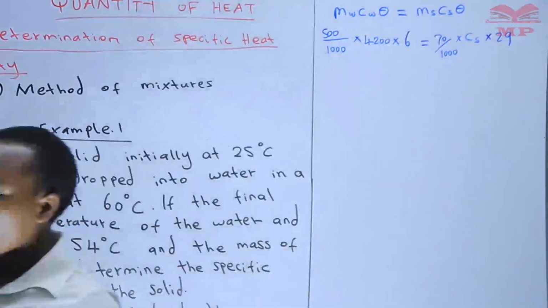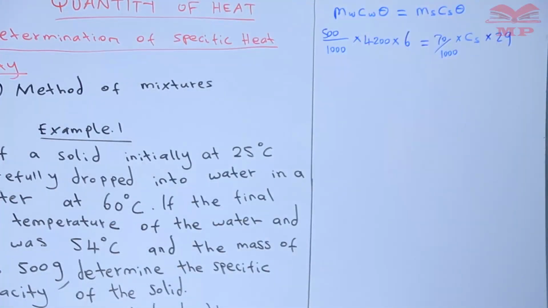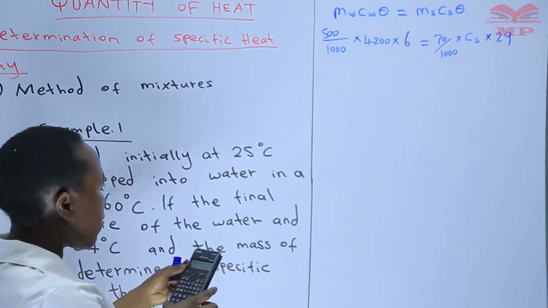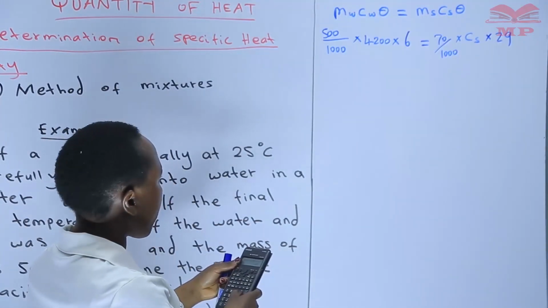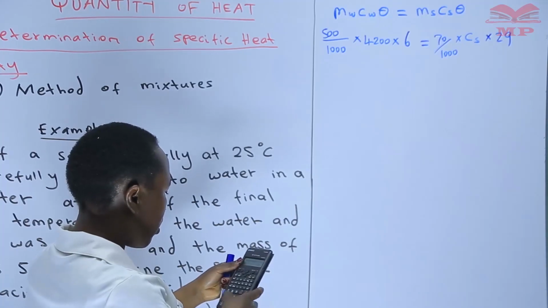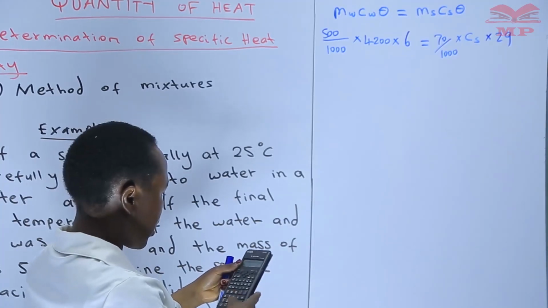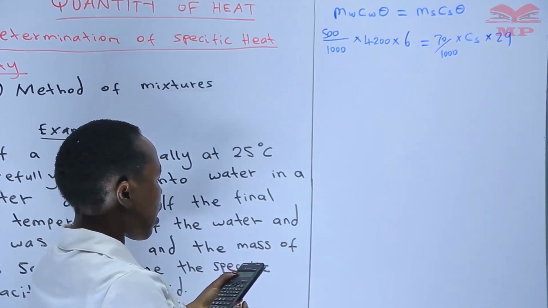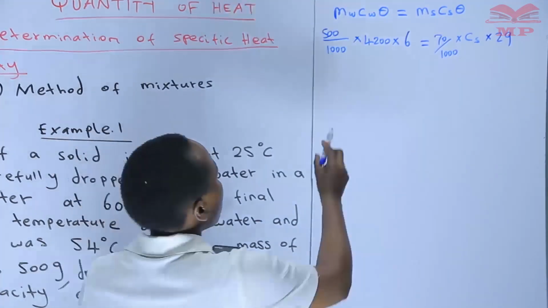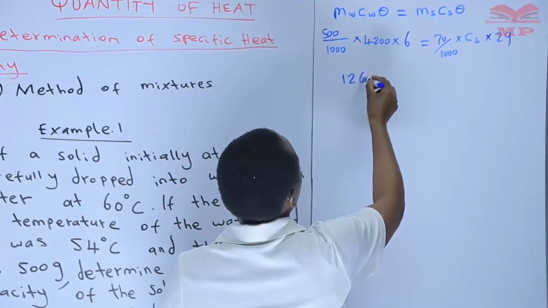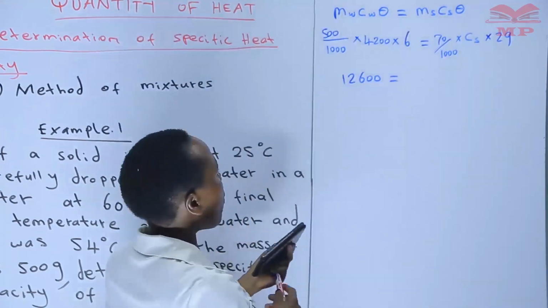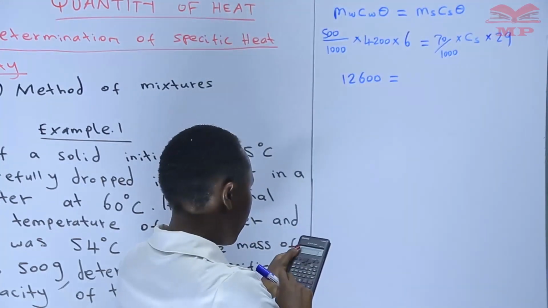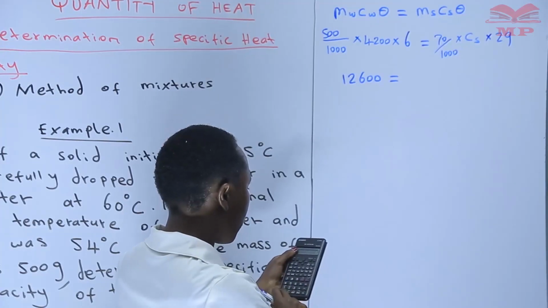So you just use your calculator and find what you have. So we have 500 divided by 1,000 multiplied by 4,200 multiplied by 6. So you get 12,600. On the other side we are multiplying 70 divided by 1,000.